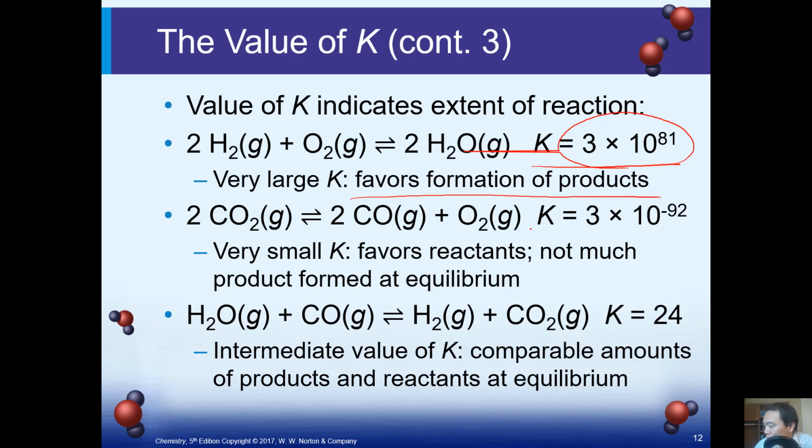An extremely small equilibrium constant tells you the reaction favors the reactant, or the reaction lies to the far left. It's exactly the same way. All right. Now the third condition, you just have an intermediate magnitude of K. This just tells you the reaction is right in the middle. It favors the product a little bit, but not by too much.